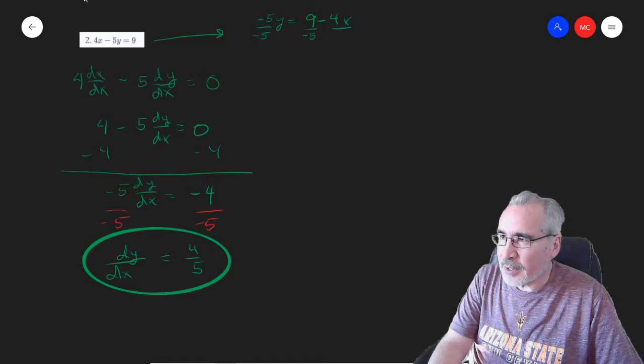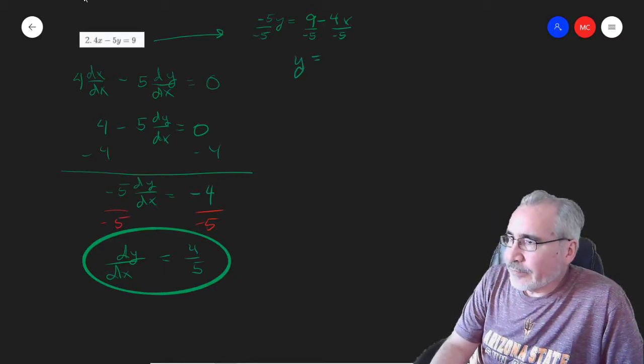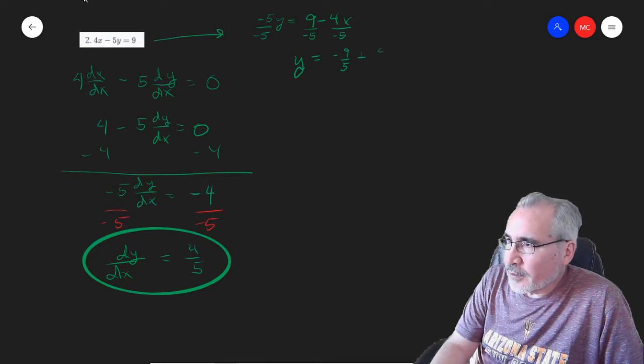And I'm going to separate this out so you can kind of see that. So this becomes y equals negative 9/5. And again, we're going to take this derivative, so it's just kind of going to go away. Minus, we've got a minus and a minus, so let's make that a plus 4/5 x. And you could do it 4x over 5 as well.